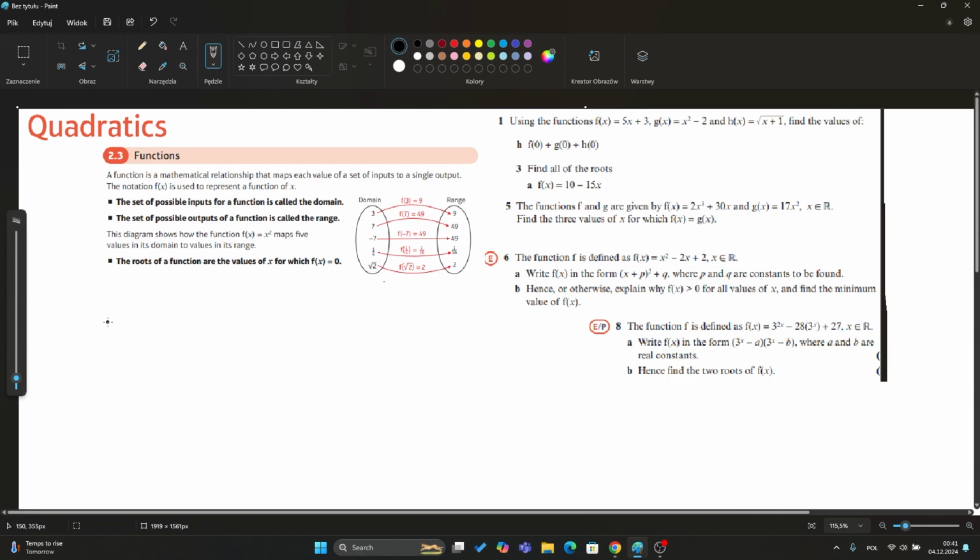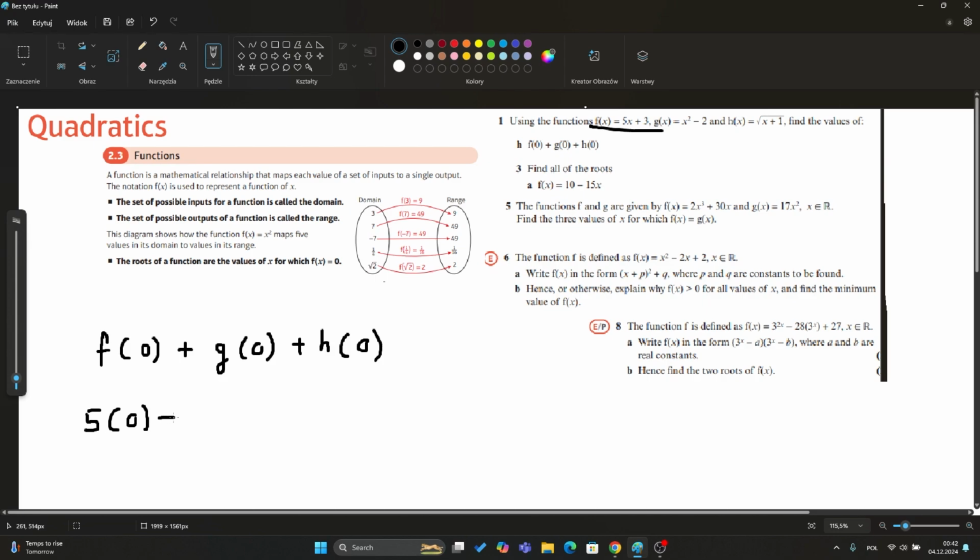So question 1: using the functions f of x, g of x, and h of x, find the value of f of 0 plus g of 0 plus h of 0. So basically in our f function we replace the x with 0.